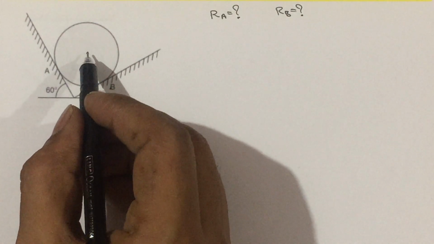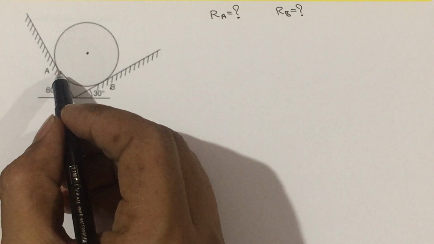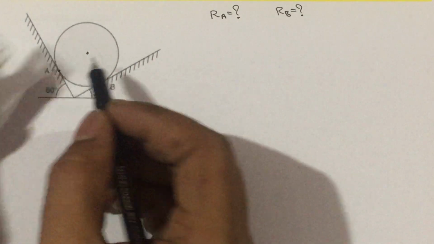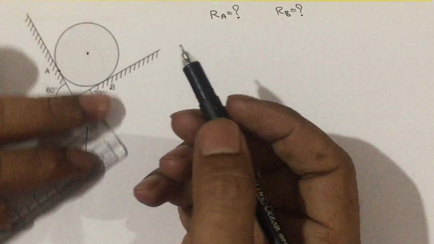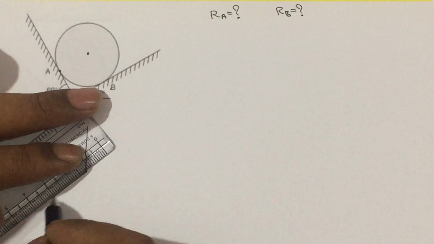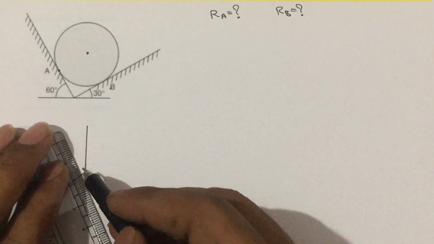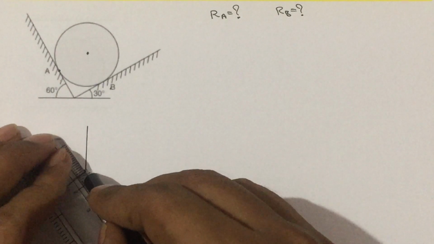Then join the center of the ball and the contact point. This is the contact point and this is the line. Draw one line in this direction. And here, center of the ball and the contact point, draw one line in this direction.